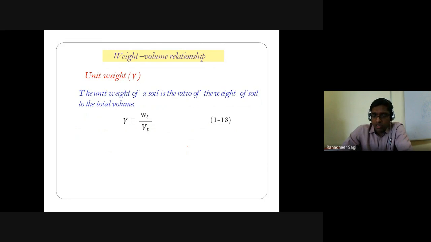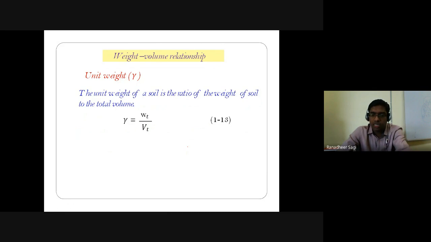So when it comes to your unit weight, depending on the condition of the soil, whether the soil is in dry state, partially saturated state, or fully saturated state, we are going to be using different terms. That is nothing but unit weight of dry soil, unit weight of saturated soil, or unit weight of your partially saturated soil, or otherwise I can also call it your total unit weight or bulk unit weight.